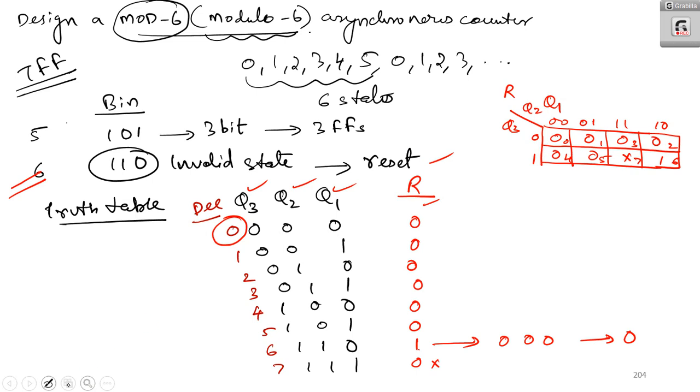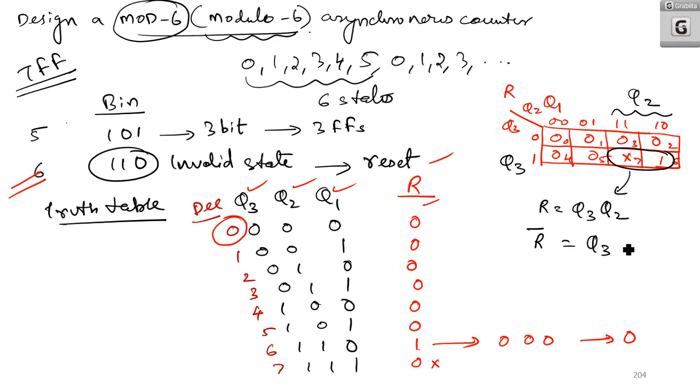Now how can you club? You can club it in pairs. If I am clubbing this pair, Q3 is common, and in these two, Q2 is common. So you can write reset as Q3 Q2. And you can give either reset directly or R bar. If it is R bar, you will get Q3 Q2 bar. Now, why have I written R and R bar?